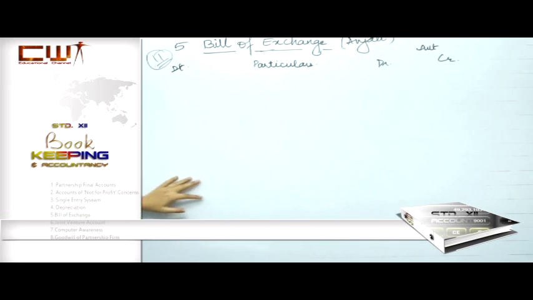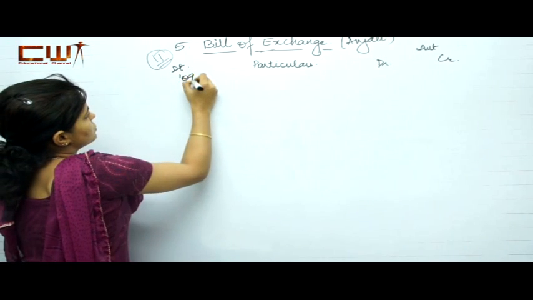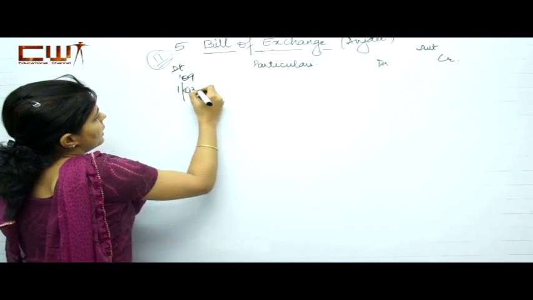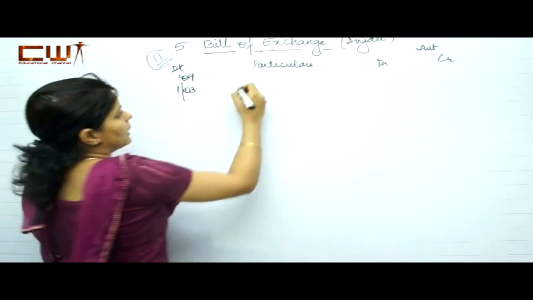First we will make the entry for the goods being sold. Sold goods rupees 30,000 at 10% to Rupali of Amravati on 1st March 2009. 2009, 1st of March, being goods sold to Rupali.